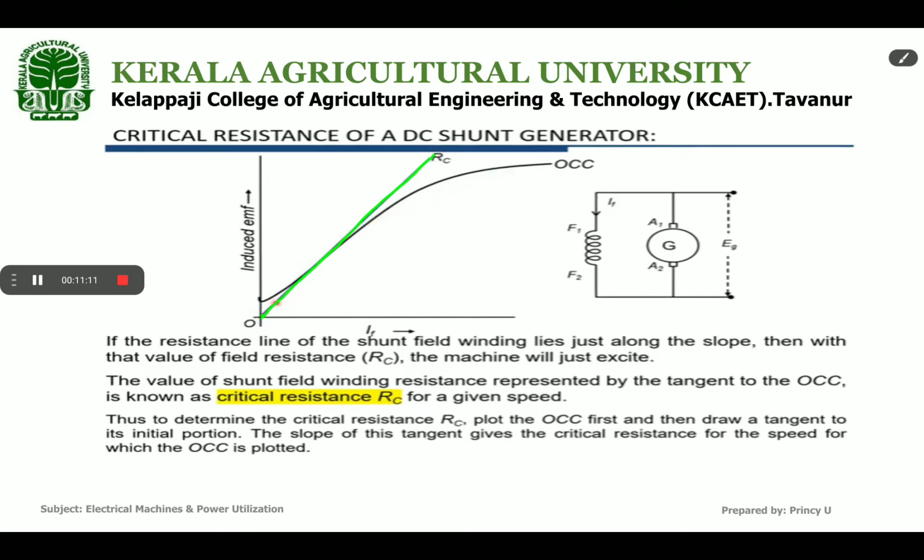Corresponding to that, there will be a delta V and a delta I, and delta V by delta I will give you RC, the field resistance represented by that slope line.